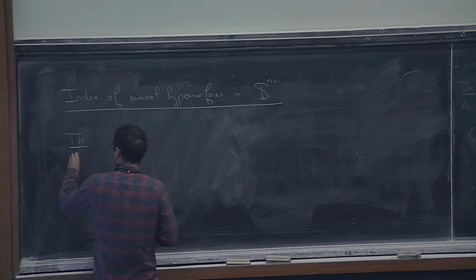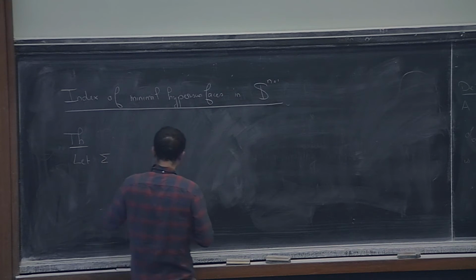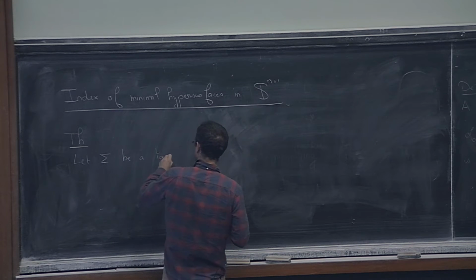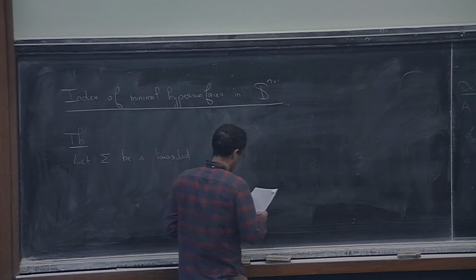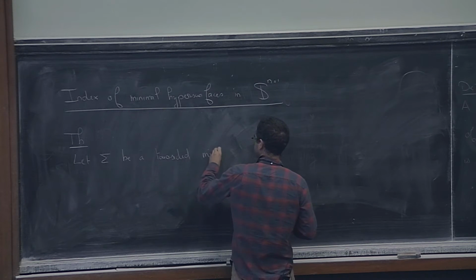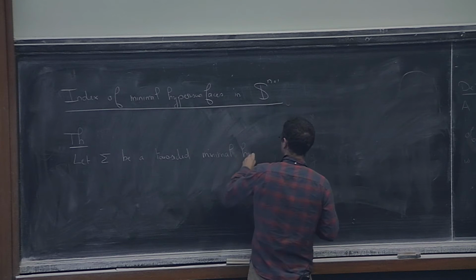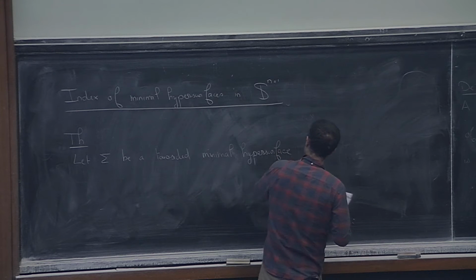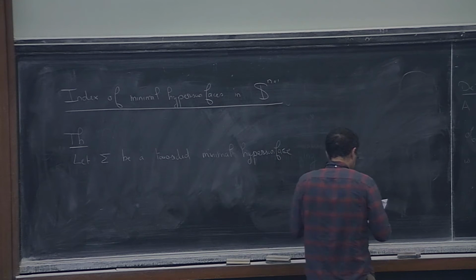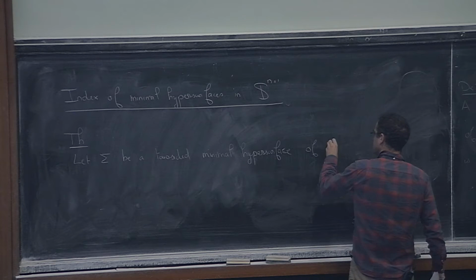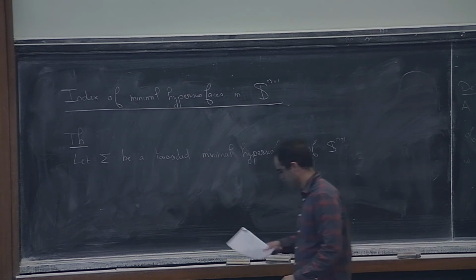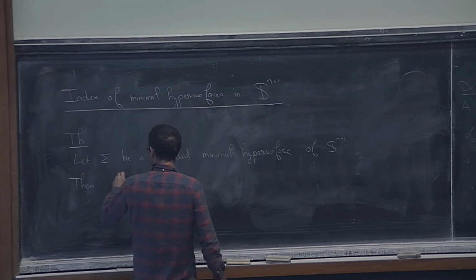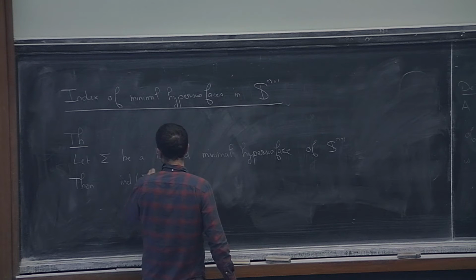So, let sigma be a two-sided minimal hypersurface of S^{n+1}. Then the index of sigma is at least 1.